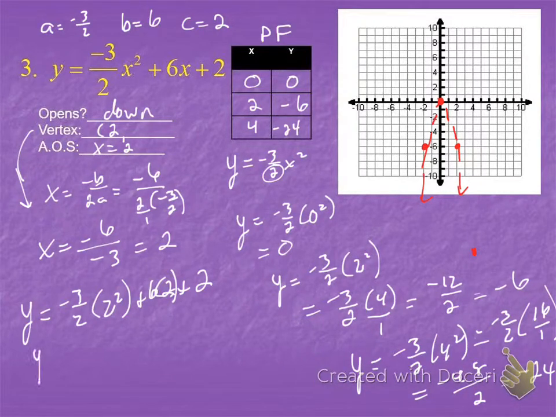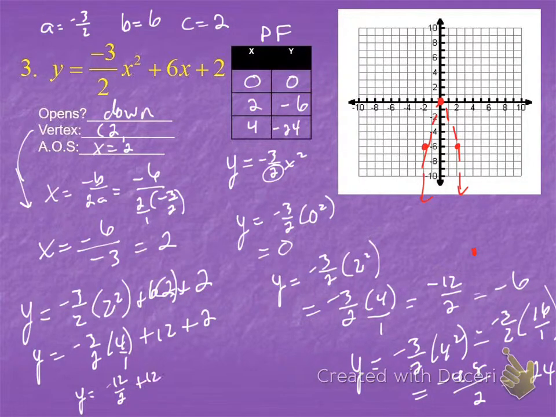Okay, now we get negative 3 halves times 4 plus 12 plus 2. Make that 4 a fraction by putting it over 1. We get negative 12 over 2 plus 12 plus 2, which gives us negative 6 plus 12 plus 2. Negative 6 plus 12 is 6. 6 plus 2 is 8. So the vertex is actually at 2 comma 8.